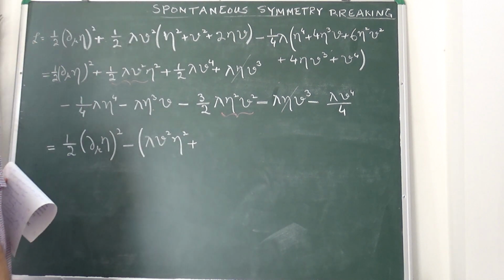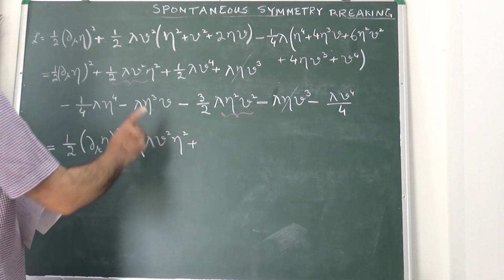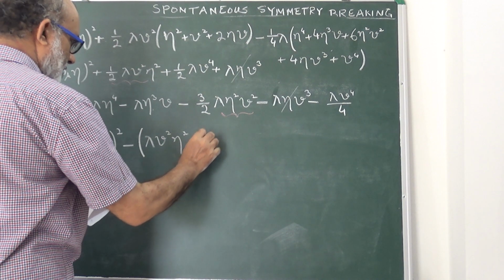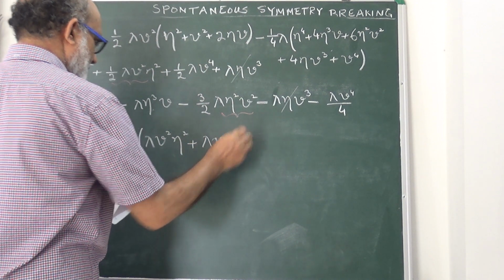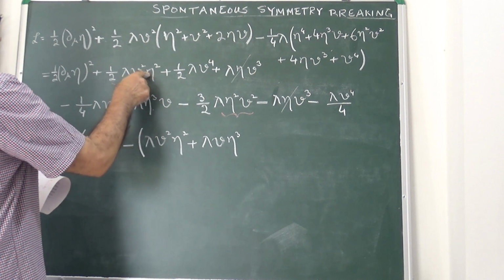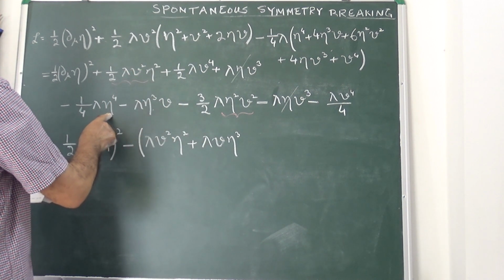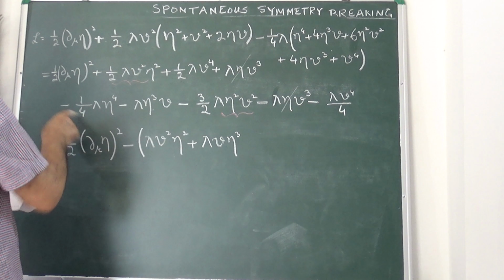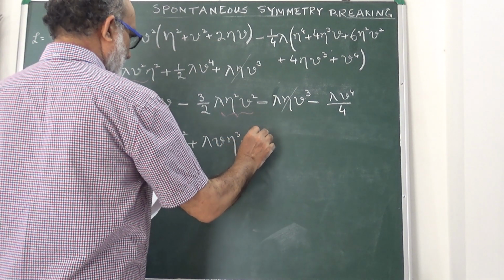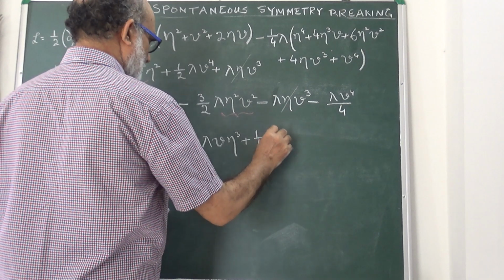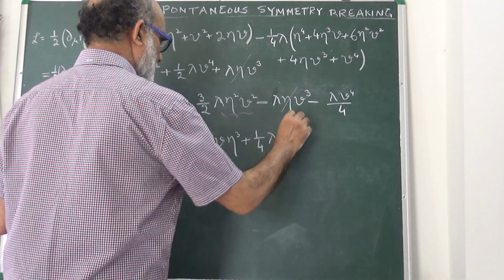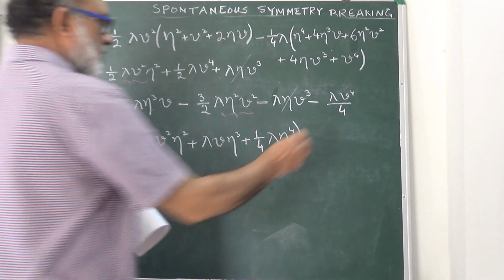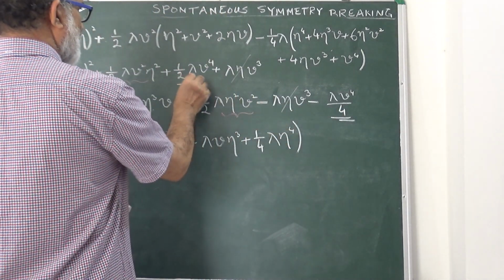Now lambda eta b cube, lambda eta b cube term, square term, then cube term, and then the fourth power term, lambda eta. It's minus here, so minus taken out, so it will be plus 1 by 4 lambda. Okay, and the last one is this one and this one.